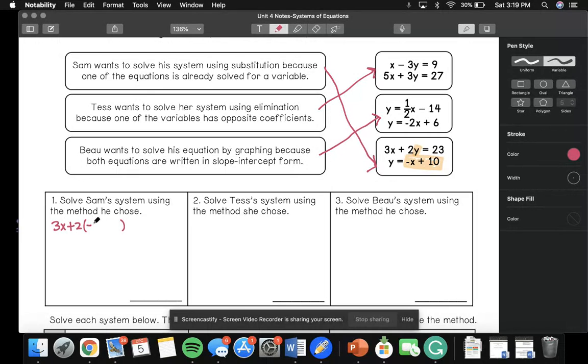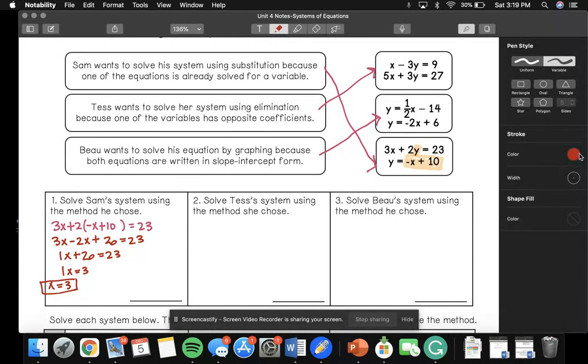Instead of y, I'm going to write -x plus 10, and that equals 23. Okay, 3x minus 2x plus 20 equals 23. That would be 1x plus 20 equals 23. That makes 1x equal 3, so x equals 3.